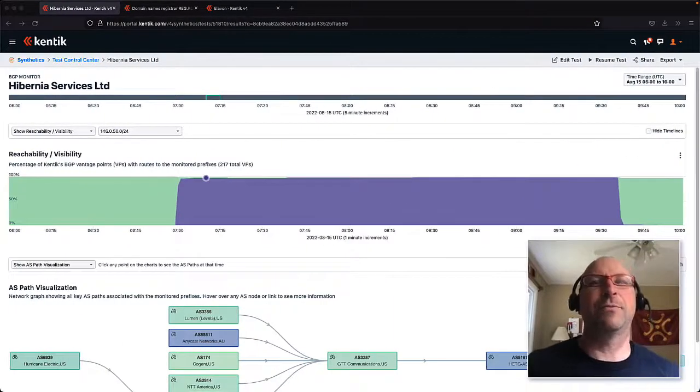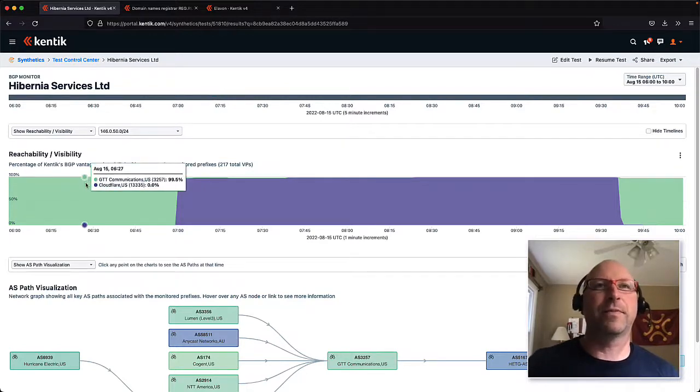Would love to. So why don't we start with looking at how an activation is supposed to happen and how it's supposed to look in our visualization. In this case, we're looking at this customer Hibernia Services on a recent on-demand DDoS activation using Cloudflare's DDoS mitigation service.